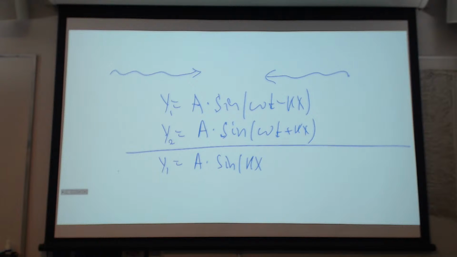So that means you got a different standing wave.